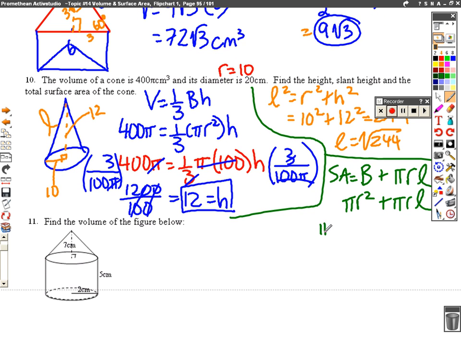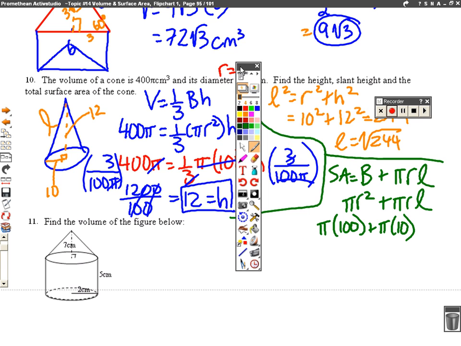Pi times r squared, r being 10, is 100. Plus pi times, once again, r is still 10, and L we just found out is the square root of 244. So we've got 100 pi plus 10 root 244 pi. And if you want to put that in your calculators and get a decimal, then you can.